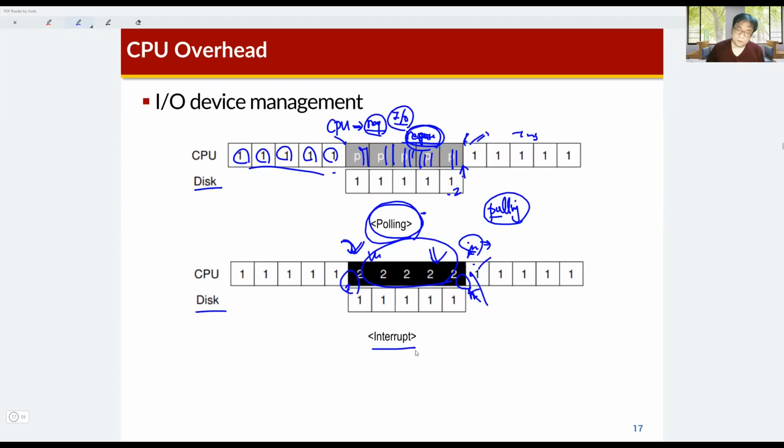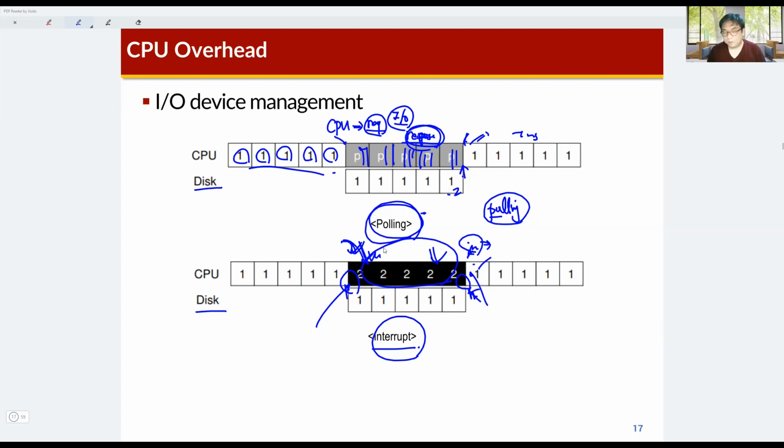So what is the benefit of this interrupt-based control? While the request is being processed by the I/O devices such as the hard disk drive, the CPU can execute a different task. Okay, that is the benefit of the interrupt-based control.